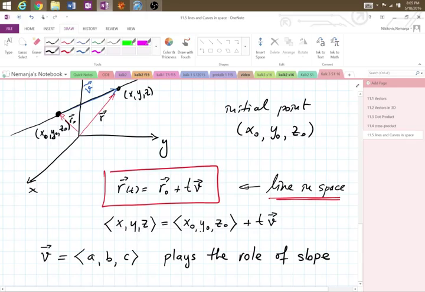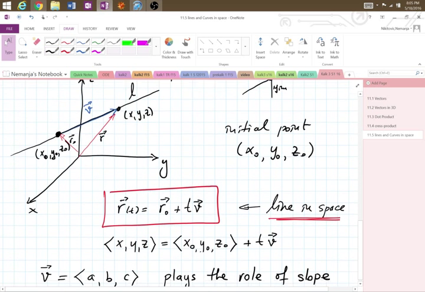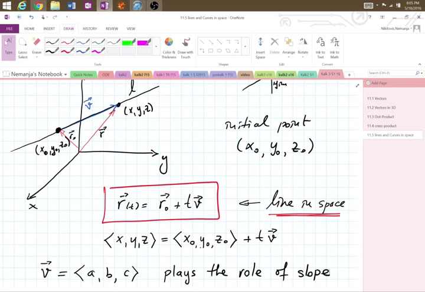That vector, ABC, carries the direction of the line. And I hope you see that the blue vector V on the picture and the actual line L, which is the black line going through V, have the same direction.